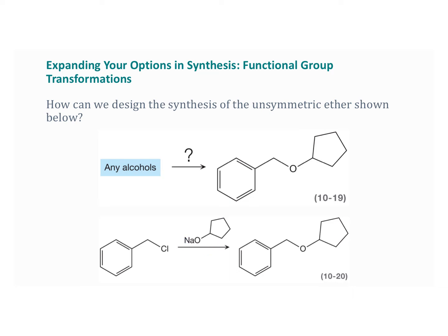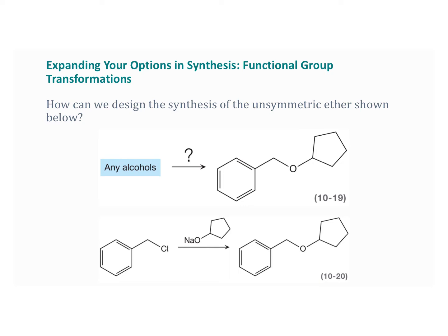The problem is neither reagent is an alcohol. So our task now is to determine how the alkyl halide and the alkoxide ion can be produced from alcohols, to then react so that they can produce the product we're looking for, our target.